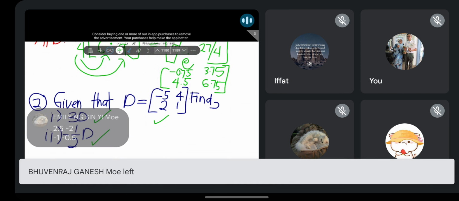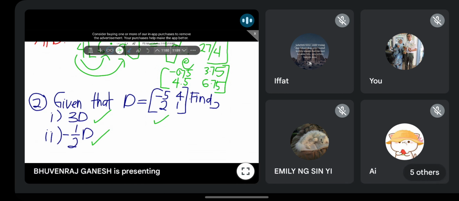Okay, 2.5, negative 2, negative 1, and then 0.5. 0.5 got negative, right? The last one. Can you check again? I think the last one got negative. I think I didn't see. Oh, okay, you put negative. Okay, because I cannot see the answer in the laptop because my this thing cannot connect, so it will go through very fast. Okay, so very good.